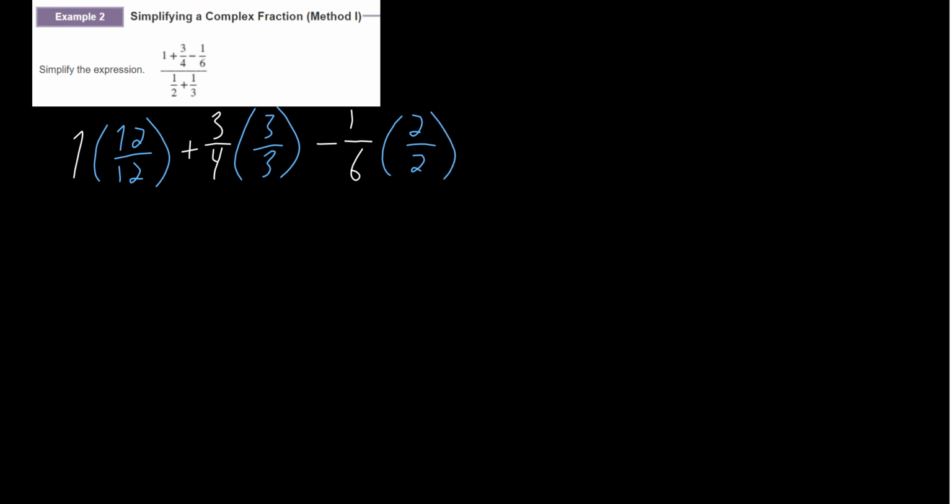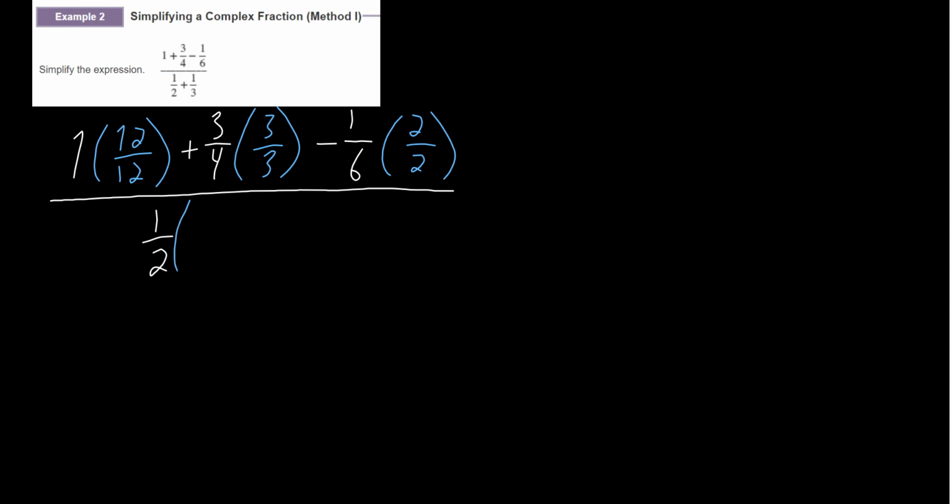Now let's look at the denominator. What do I need to multiply by to get my least common denominator? That would be 6. So I need to get each term in the denominator to have a denominator of 6. So 1/2 times what will give me 6?